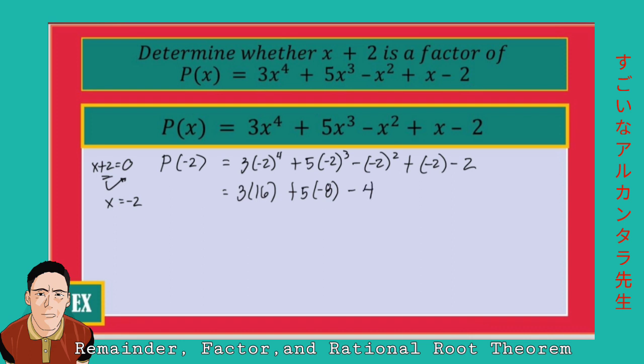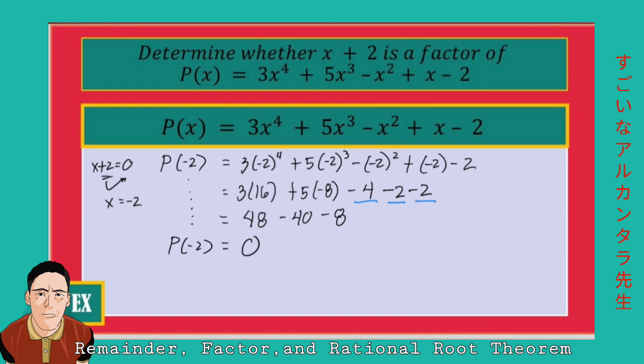Then plus negative 2, that means negative 2 minus 2. Continuing, we'll have 48. 5 times negative 8, negative 40. Negative 4 minus 2 is negative 8. Where did we get negative 8? Negative 4, negative 2, negative 2. Negative 4 minus 2 is negative 8. And if you continue with this one, 48 minus 40 minus 8 is 0. So our p of negative 2 is 0.